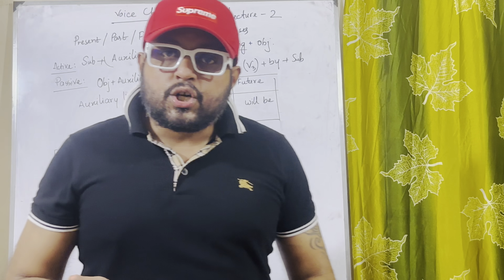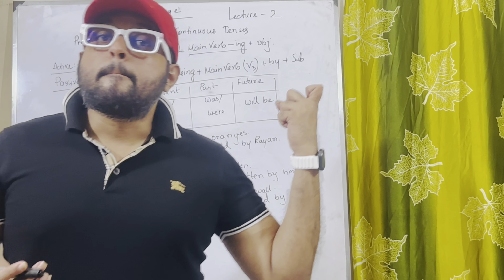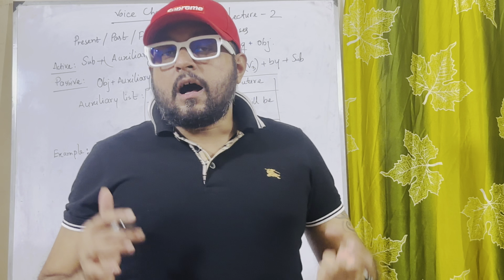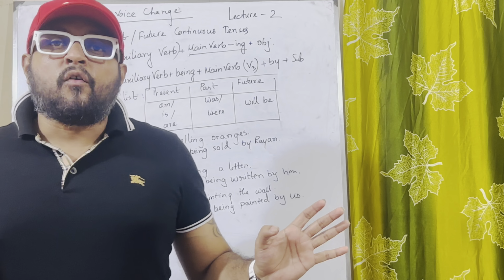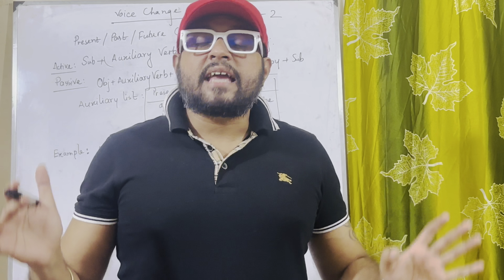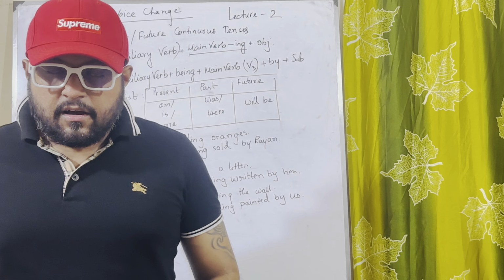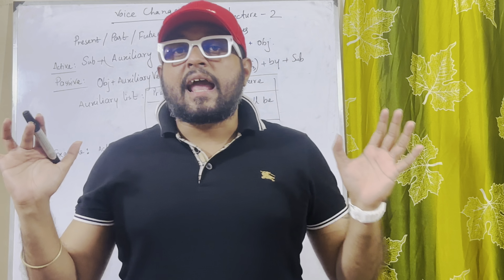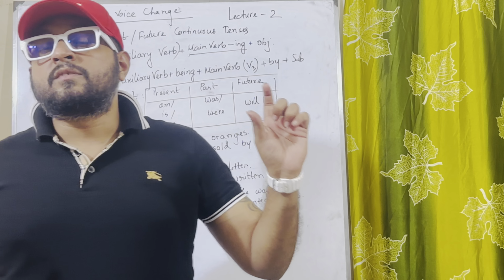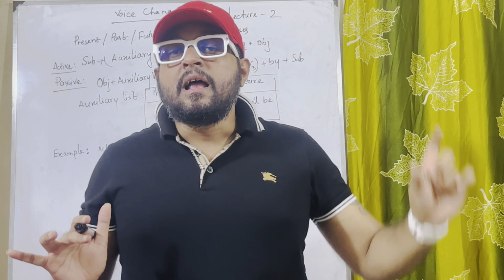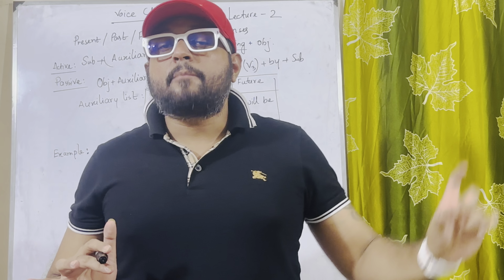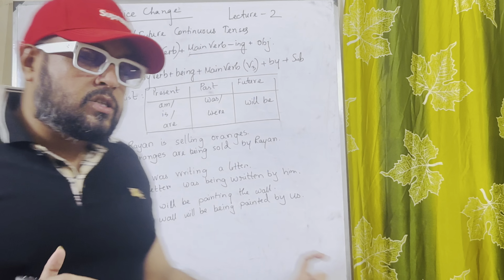Even in the future tense we use will be before our ing verb. Otherwise an ing form is not taken as a verb. So whenever you produce a sentence using any continuous tense, you are using an ing form of the verb, and just before it you need an auxiliary verb based on your tense.